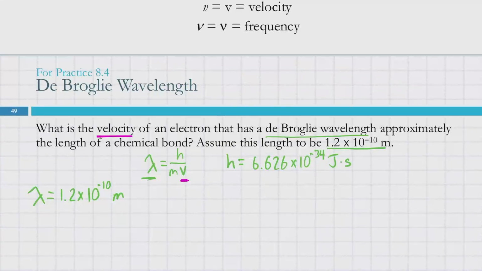So we're finding V. We're given lambda, our de Broglie wavelength. H is a constant. M is mass. So we're going to need the mass of an electron in, I think we might need it in kilograms.